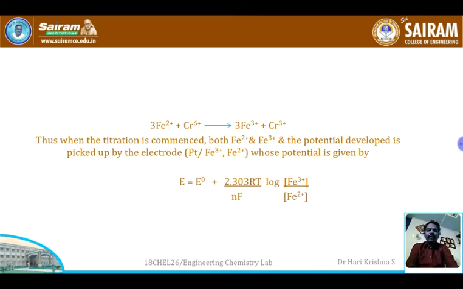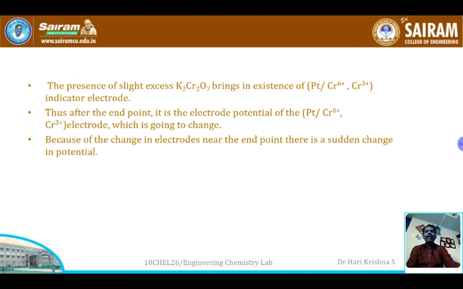Once the entire Fe2+ is converted to Fe3+, when we add potassium dichromate from the burette to the beaker, the concentration of Cr6+ will increase, whereas Cr3+ will remain constant. Now the potential depends upon platinum, Cr6+ by Cr3+. Therefore, the potential will slowly increase after the sudden jump in potential.